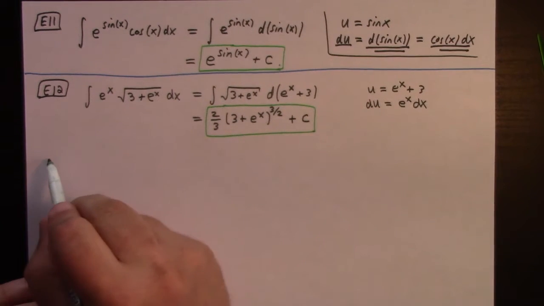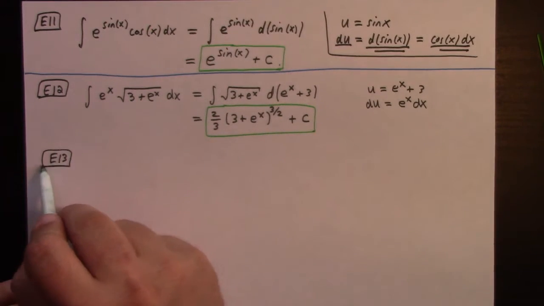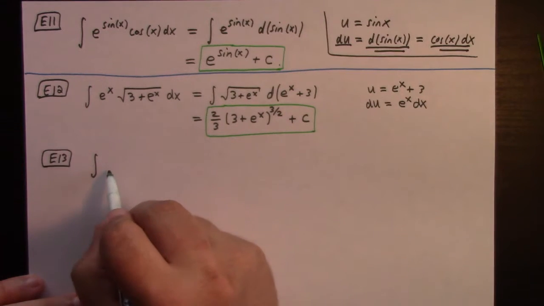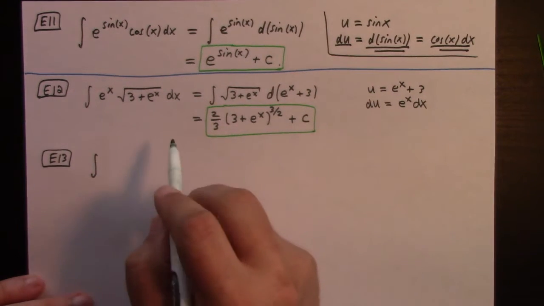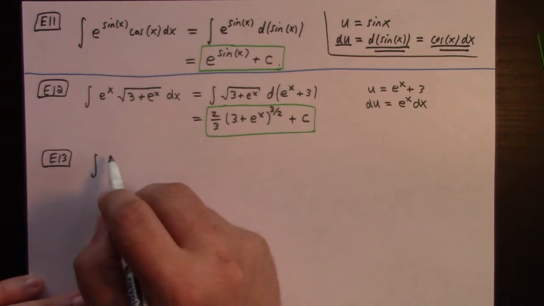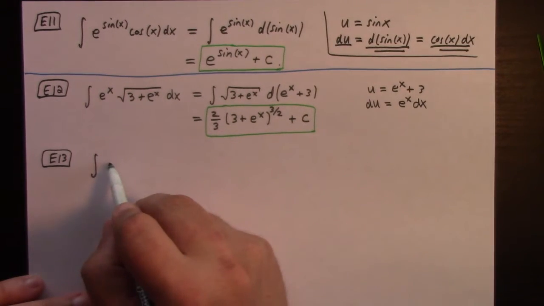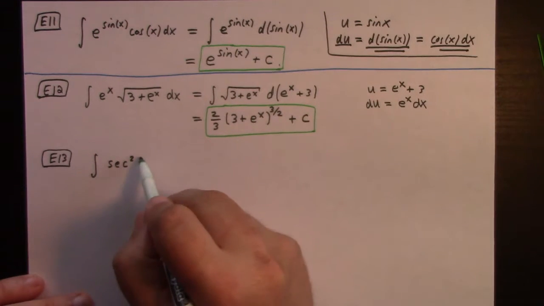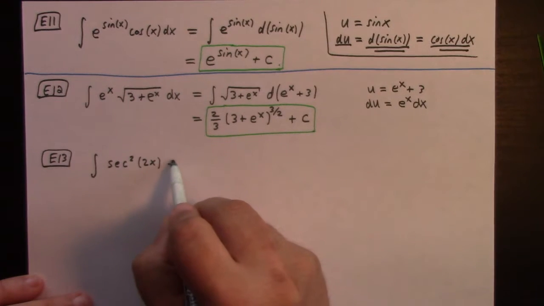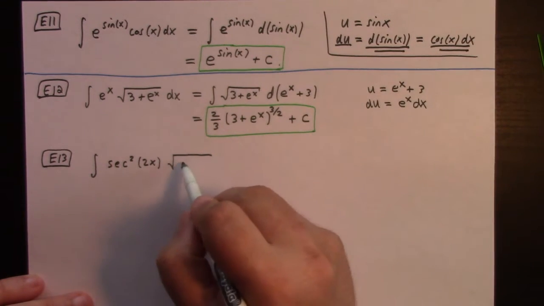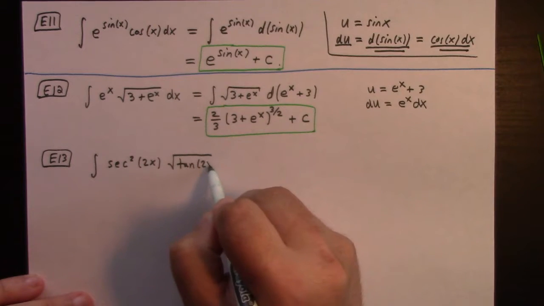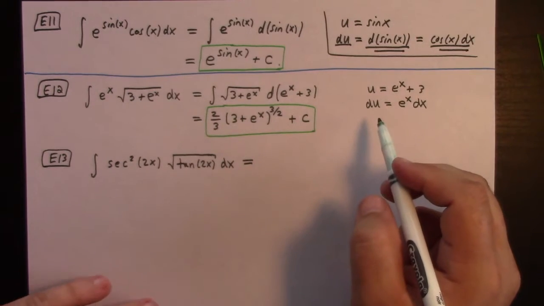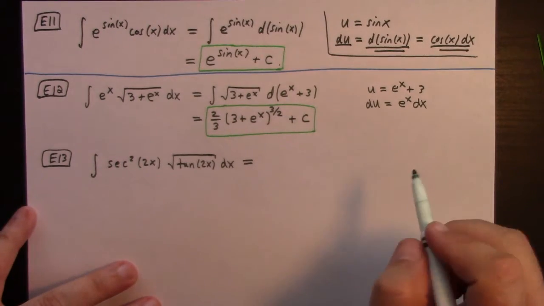Example 13. What if I had the integral of, let's say, secant squared 2x times the square root of tangent 2x, dx. So let's see here, how could I do this?